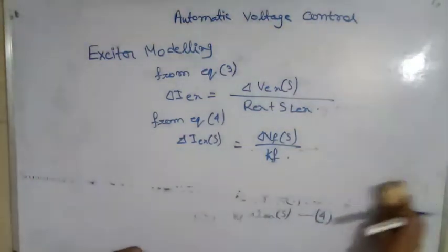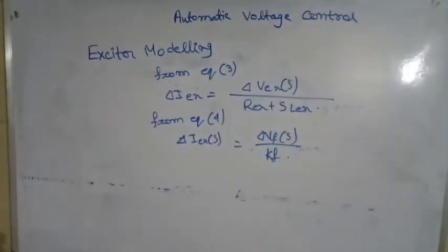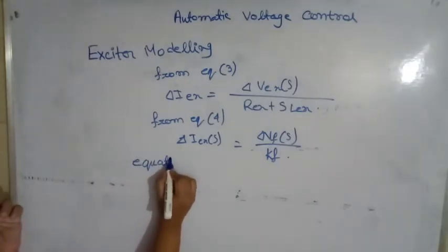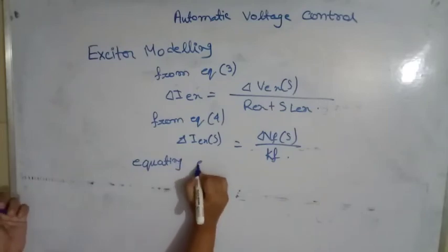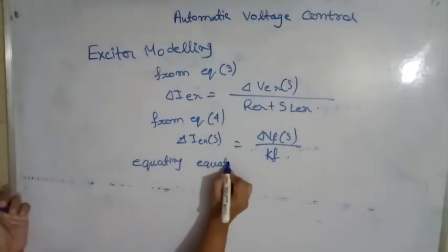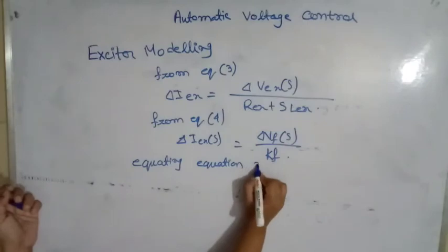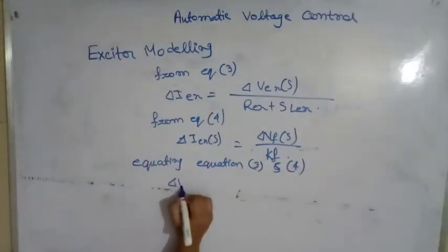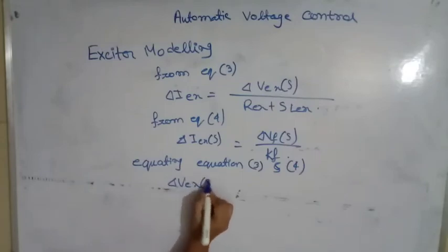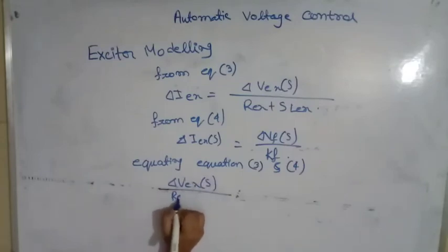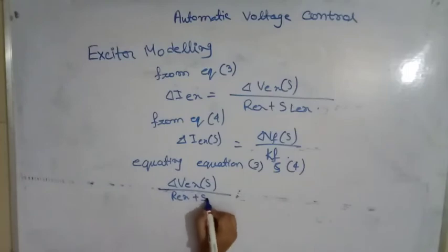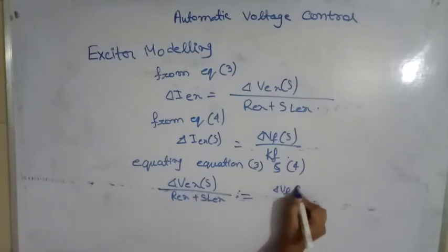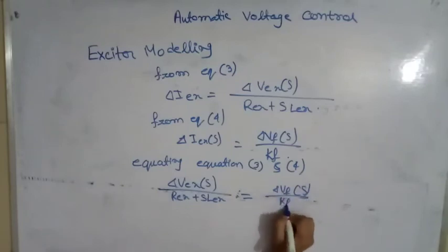Now equating equations 3 and 4, we get delta Vex divided by Rex plus S Lex equal to delta Vf(S) by Kf.